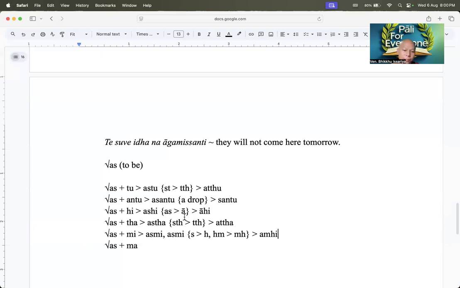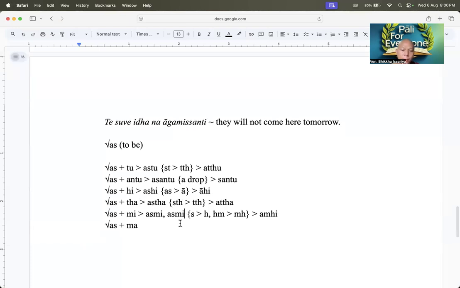Okay. So similar to that one, as ma. This form also we use. After that, by changing the same as the previous form, we have the ma also.